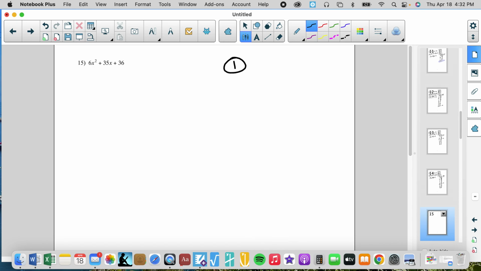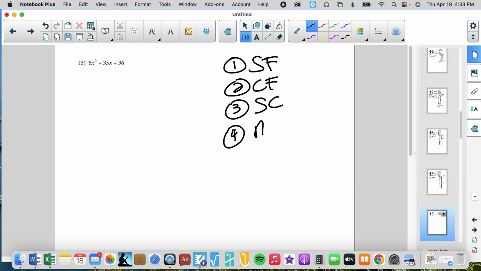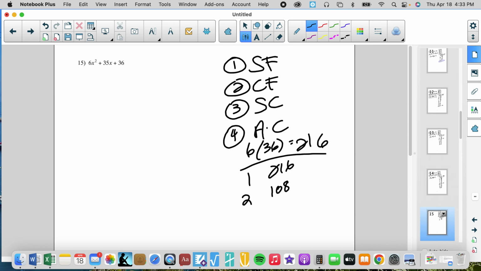We have 1, standard form, 2, common factor, nope. 3, special case, 4 is going to be A times C, 6 times 36, again a huge number. That's going to be 216. 1 and 216. 2 and 108. 3.